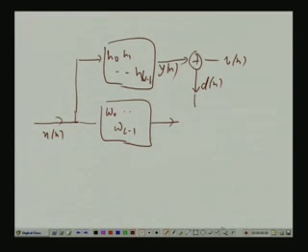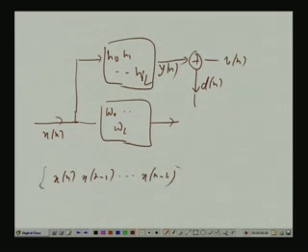Maybe instead of L minus 1, make it L. If you consider the space spanned by these, what is the best filter? What is the optimal filter here? The one that gives the orthogonal projection of Dn on the space spanned by them.